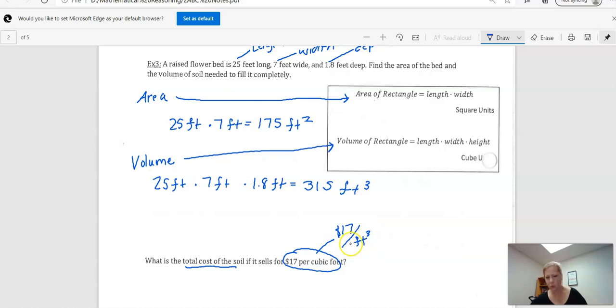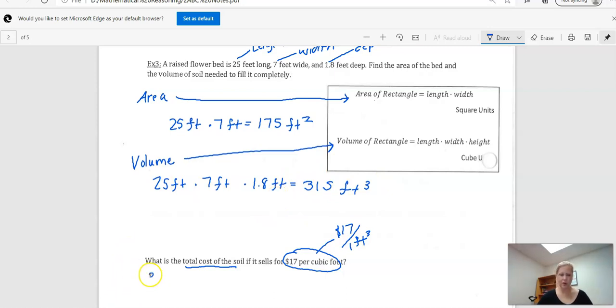There's no number here. If you want to put a 1 there, you can, but that's what that is. And so what we know is if we're going to fill it with soil, are we talking about area or volume? Area is just the measure of something that is two-dimensional. Volume is actually filling something up. And so we want this.